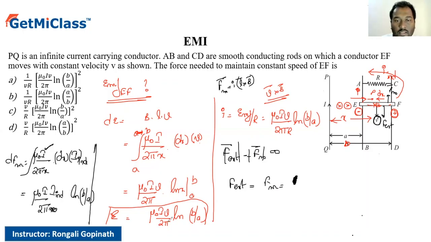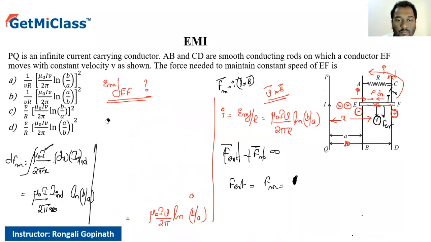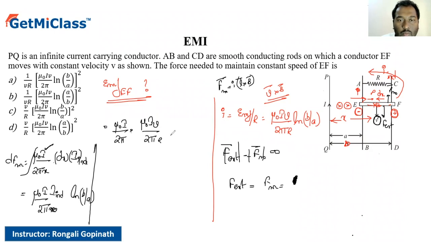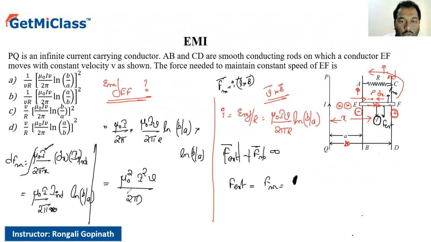Let's erase this part. All right, so that would give me mu naught I by 2 pi, I induced we have found out here, which is mu naught IV by 2 pi R ln B by A, into ln B by A. It is mu naught square I square V by 2 pi whole square into R into ln of B by A whole square.